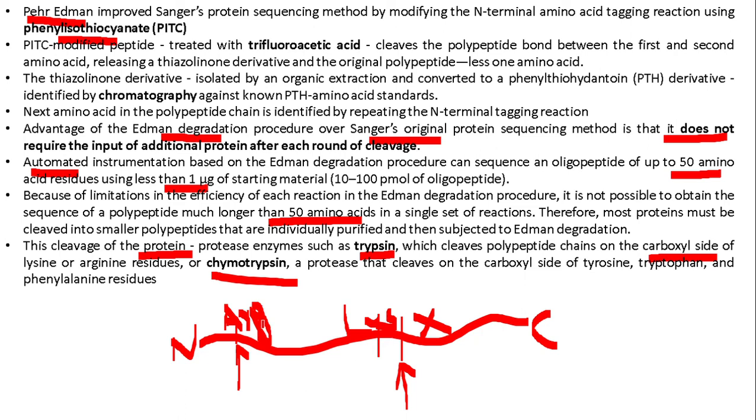Similarly, chymotrypsin also is very specific in that it hydrolyzes the carboxyl side of tyrosine, tryptophan and phenylalanine residues. Just imagine this polypeptide chain was attacked by trypsin. It contained an arginine residue and a lysine residue. How many fragments will be formed by this hydrolysis in that test tube? There is a long polypeptide chain.